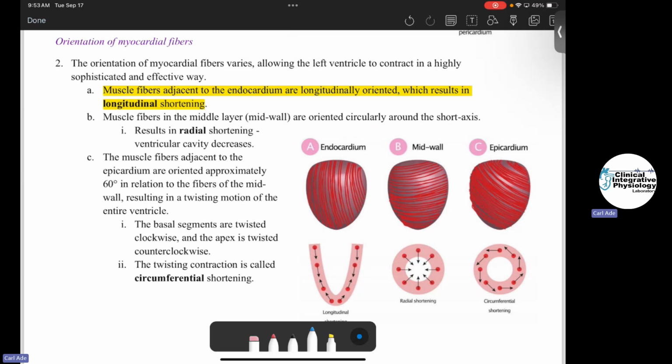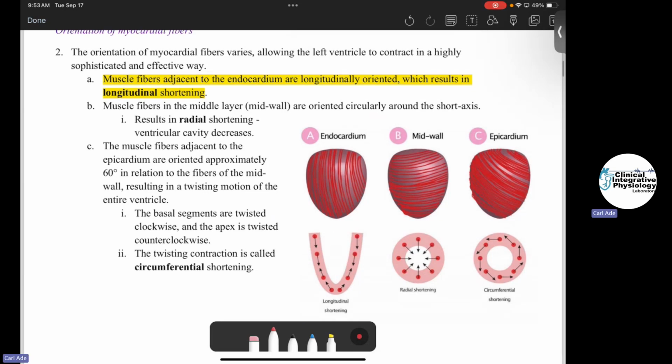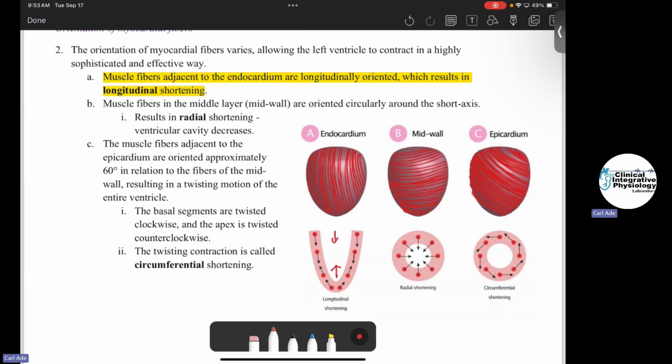So when these fibers contract, they're going to get us shortening along these arrows here. So we're going to see this shorten along what's referred to as the longitudinal axis. This is longitudinal shortening.